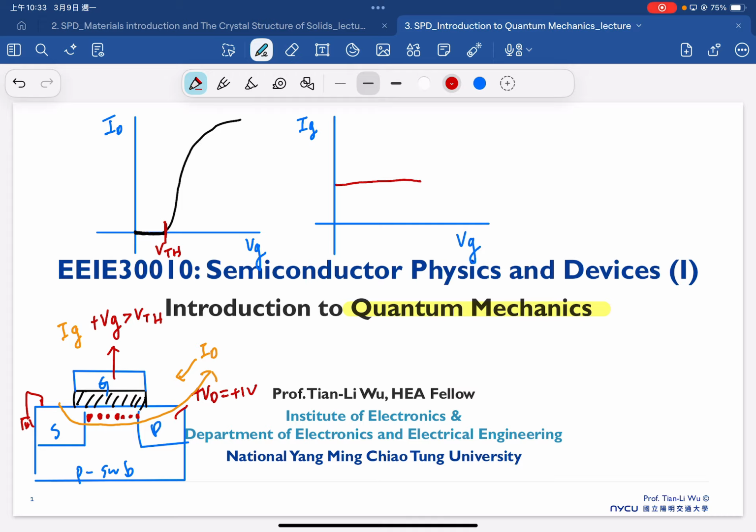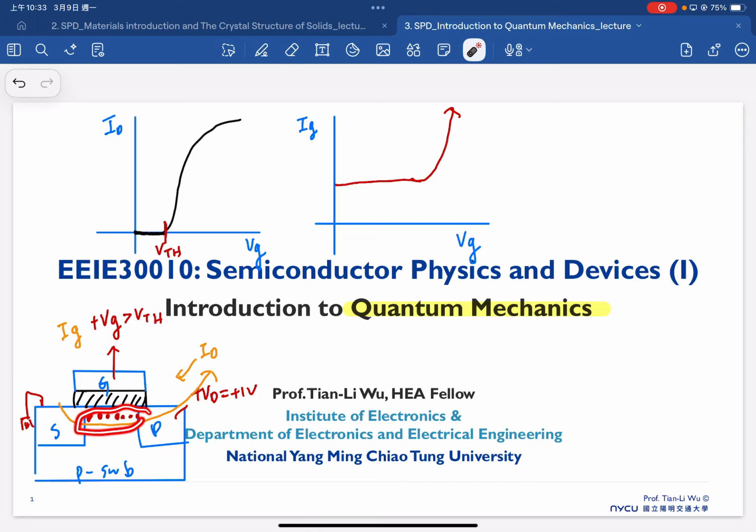And then in the end, if your gate voltage is large enough, you even start to see the gate current shooting up. And this is completely contradictory to typical physics, especially Newtonian physics, because Newtonian physics tells us the electron here has no way to cross over this dielectric and become this leakage current.